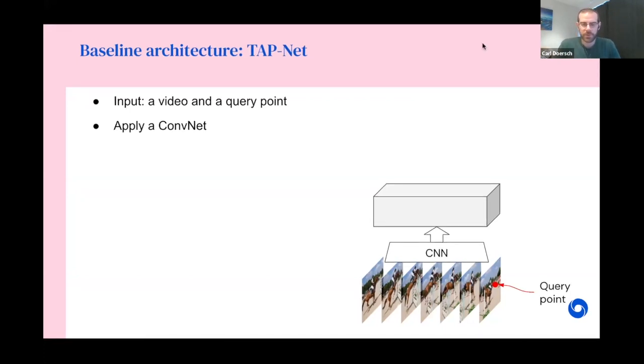As before, the input is a video plus a query point, which can be on any frame, on any physical surface, and the algorithm must output the track for the whole video. As you might expect, the first step for our algorithm, which we call TAP-Net, is to apply a convnet.